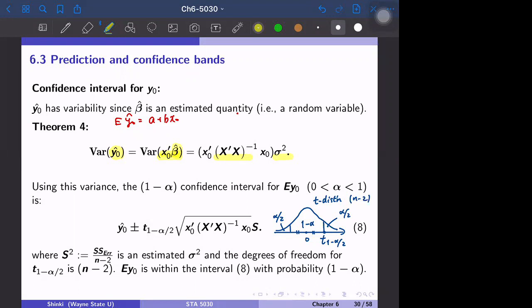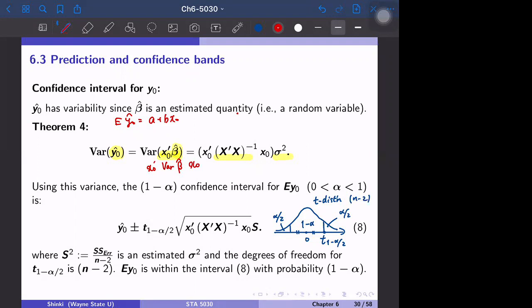And in general, if we have some constant times some random variable, this constant can be taken out of the variance, because a constant does not matter for this. And to be exact, the variance of this, we have to have x0 transposed times the variance of beta hat times x0.